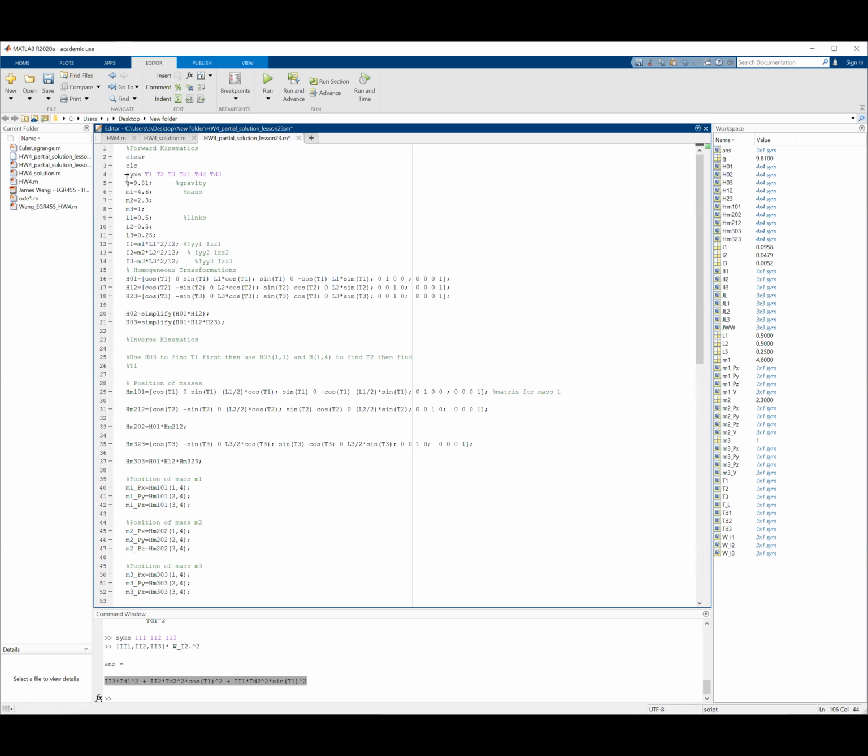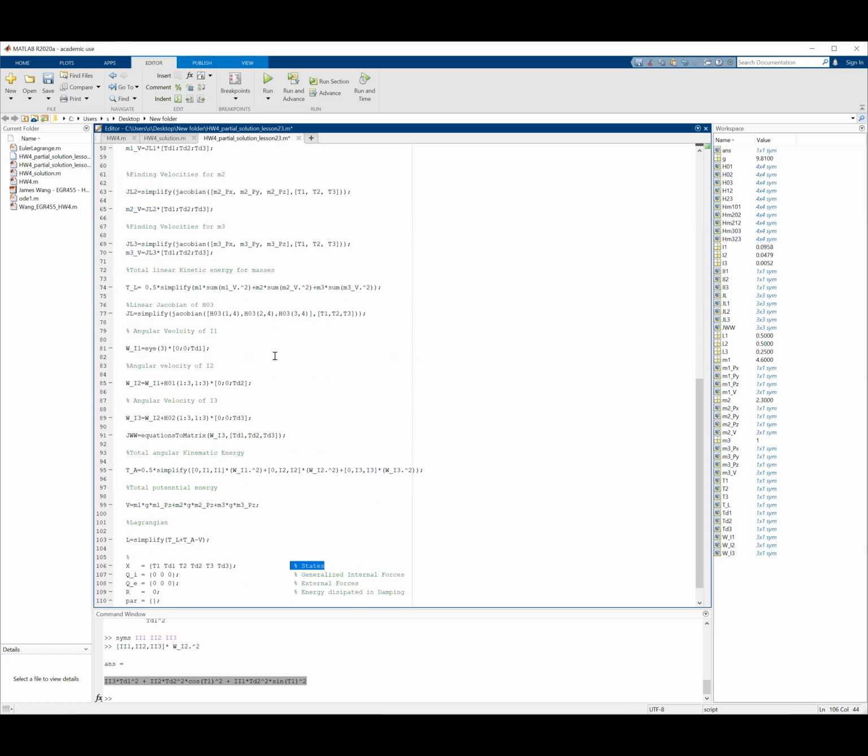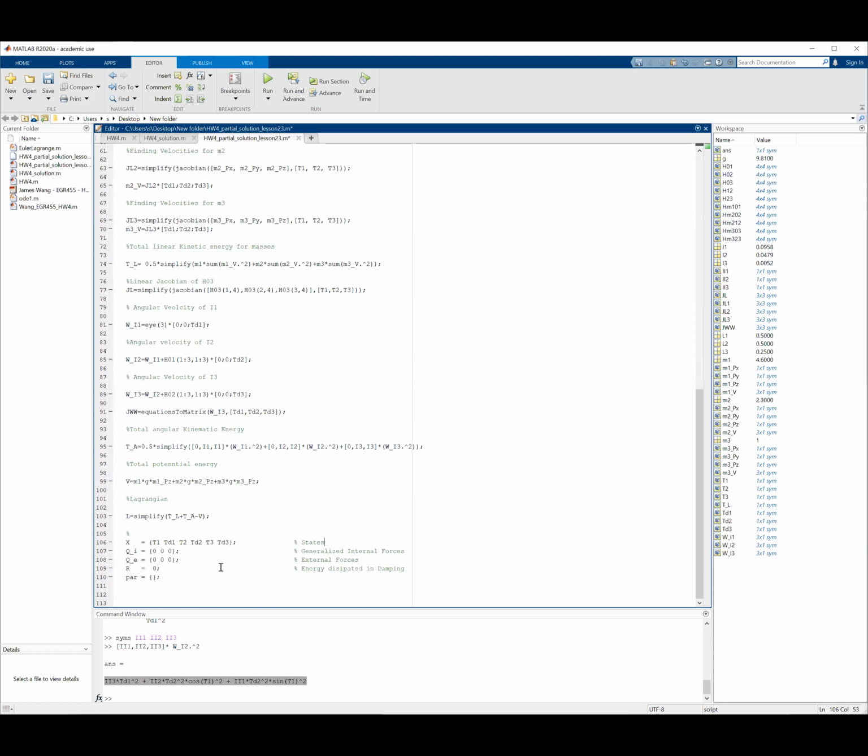Here, your symbolic variables are T1, T2, T3, TD1, TD2, TD3. That's fine. But when you define the states, they should be the state, derivative of the state, state, derivative of the state. So T1, TD1, T2, TD2, T3, TD3.